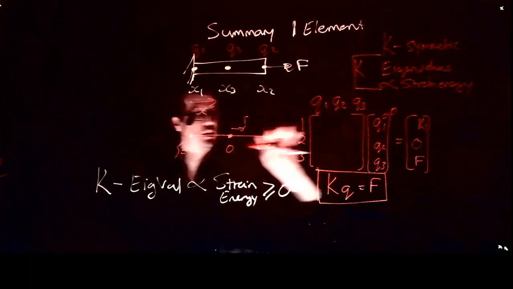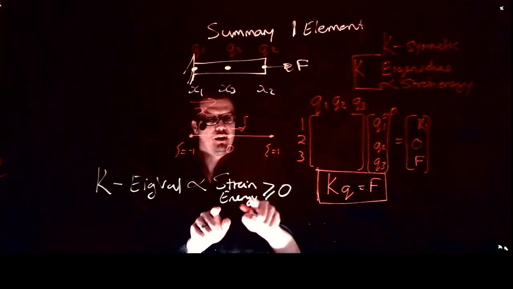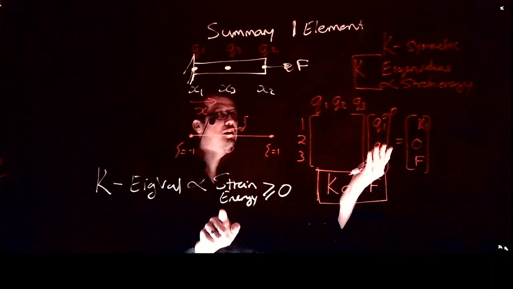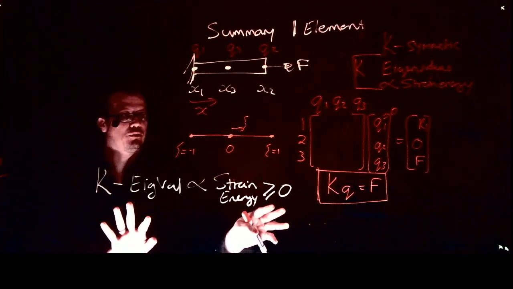When we just translate the thing, then there's 0 strain energy, and as soon as we start putting deformation in, the strain energy should be something that's positive. So the eigenvalues should always be positive or equal to 0.